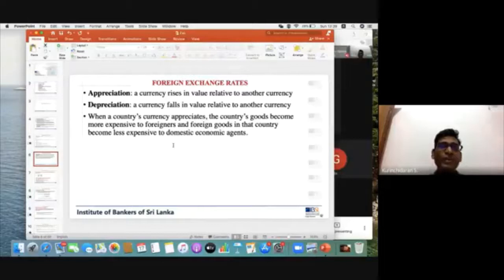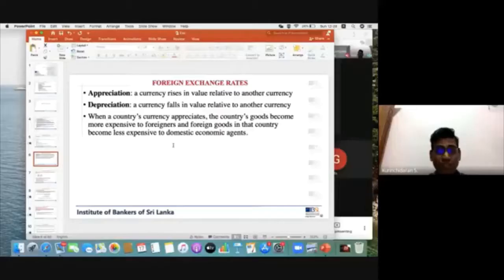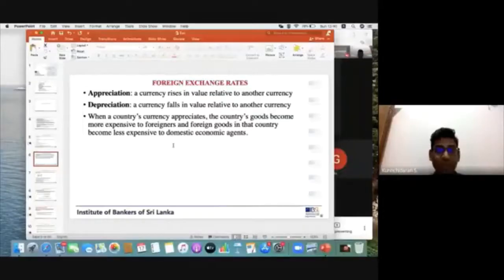Right? So in an example, we can see when a country's currency appreciates. Now the Sri Lankan currency appreciates. That means its value appreciates, which means you can buy more goods than previously, right? So value is always measured in purchasing power, right?